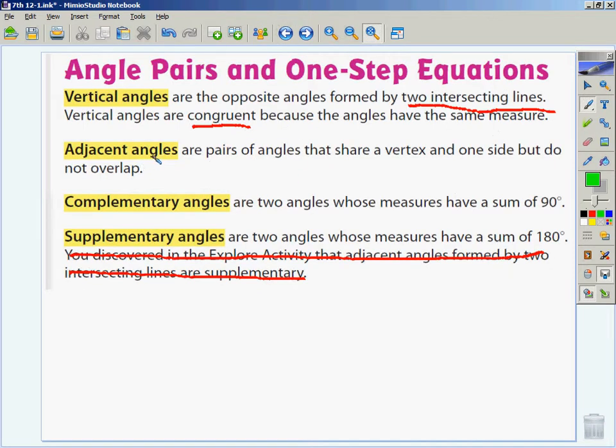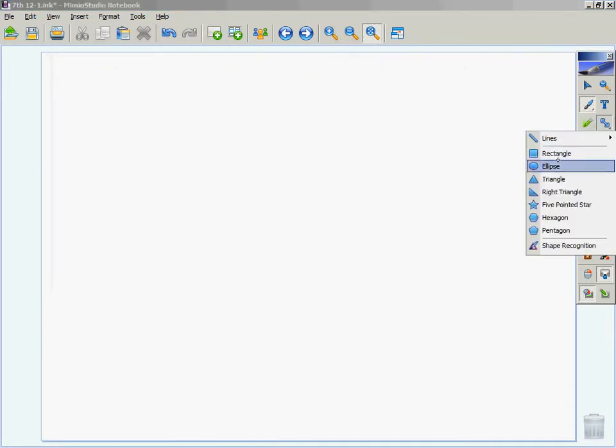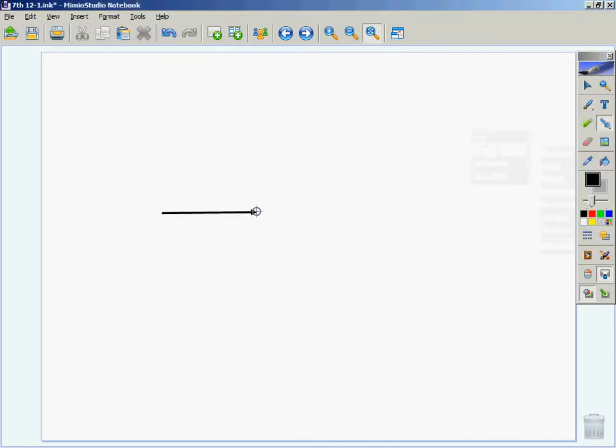Adjacent angles. A pair of angles that share a vertex and one side but don't overlap. There's one angle. Here's another angle.